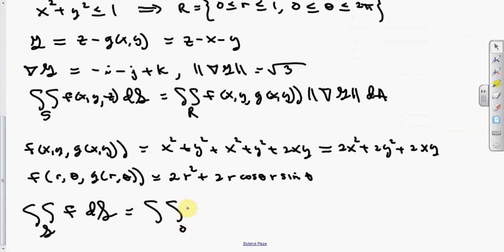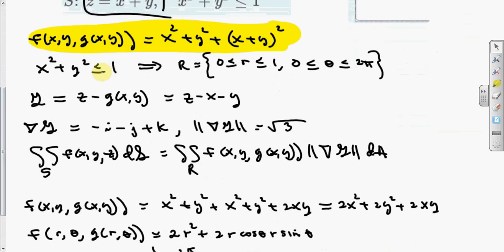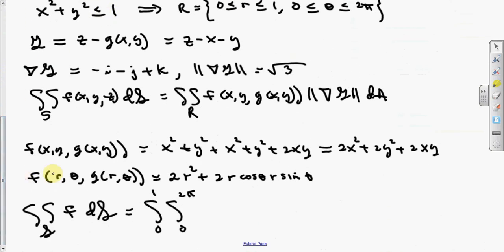So this is 0 to 2 pi and then 0 to 1. I think it was x squared plus y squared less than or equal to 1, yes. And then we have the function, 2r squared plus 2r squared cosine theta sine theta. See here, in the double integral we're converting to cylindrical or polar coordinates, so I have to have now that r factor, and I'm using d theta first, then dr.